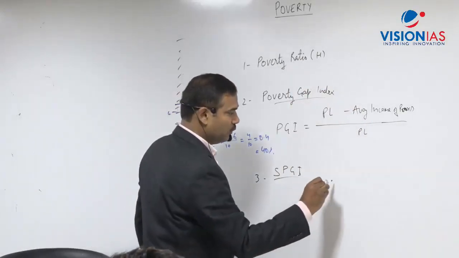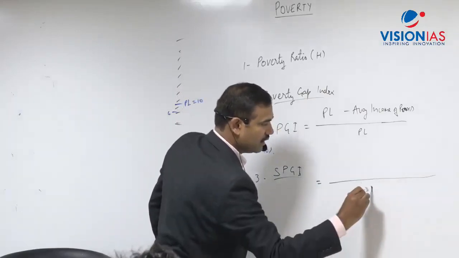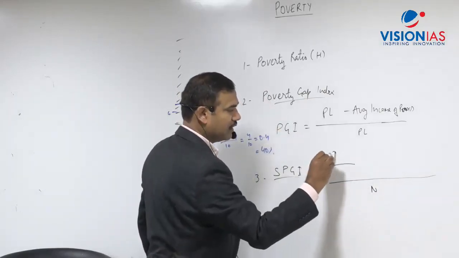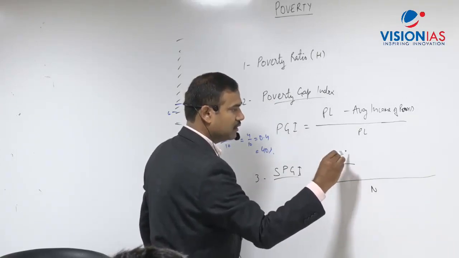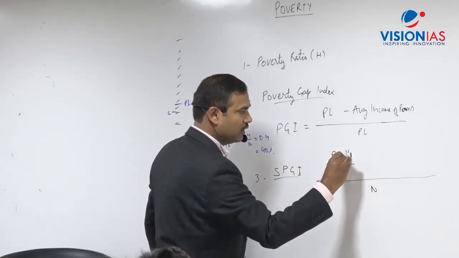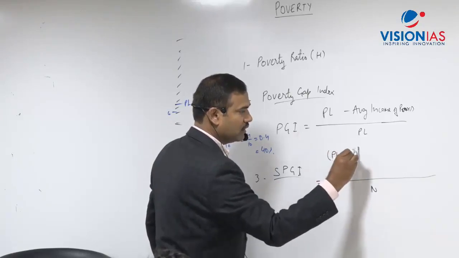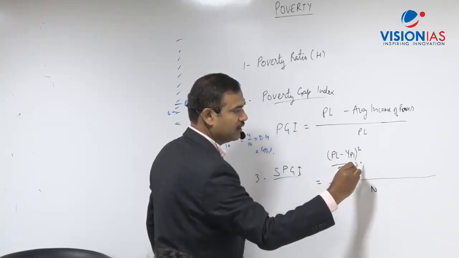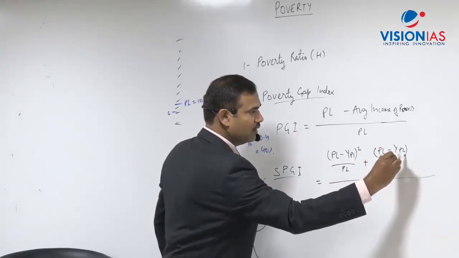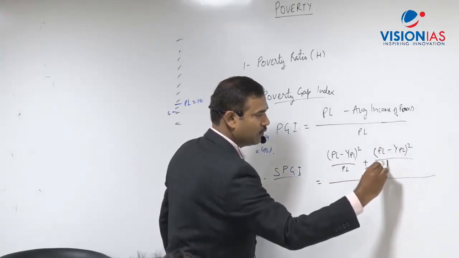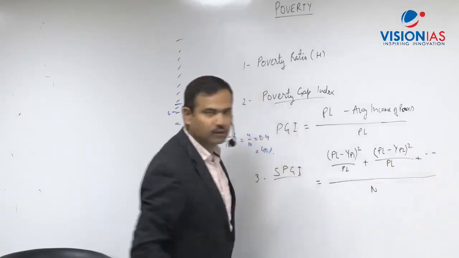The formula I told you: for n number of poor, poverty line minus income of the first poor, squared, divided by poverty line, plus poverty line minus income of the second poor, squared, and so on similarly. So this is the formula.